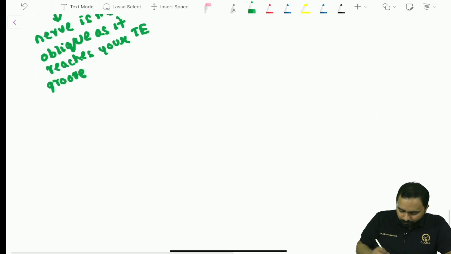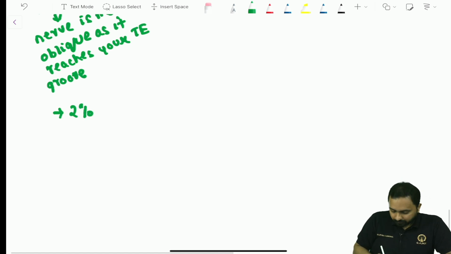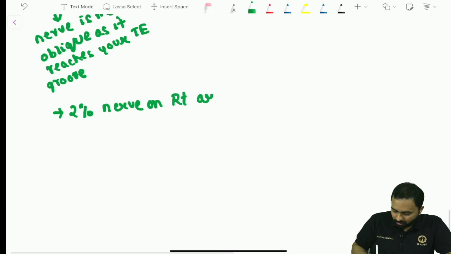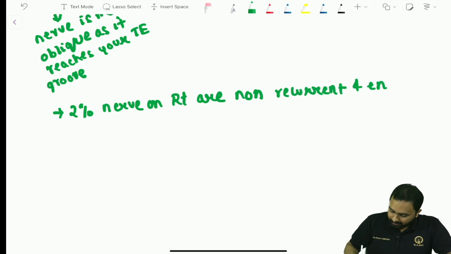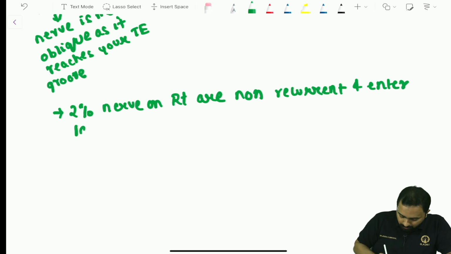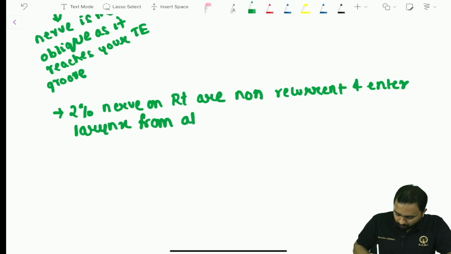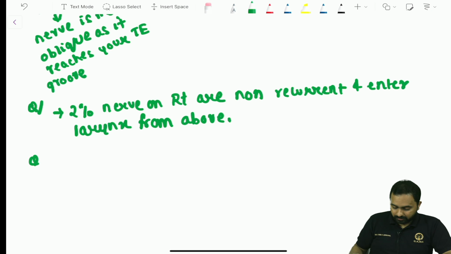Now another important point that you need to remember is that 2% of nerves on the right are usually non-recurrent and enter the larynx from above. So these are factual based questions which you need to remember, right?